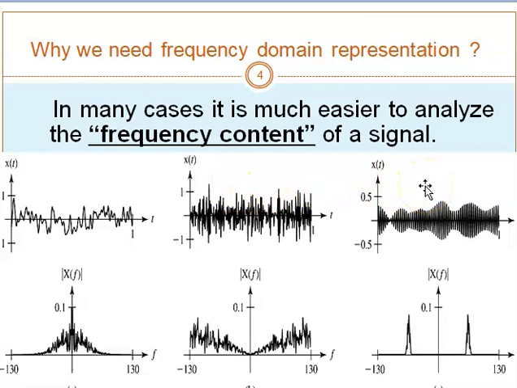These signals are in time domain. By looking at these 3 signals, there is not much information that we can get. However, if we change these 3 signals into the frequency domain, like the 3 figures at the bottom here, it will make more sense to us.